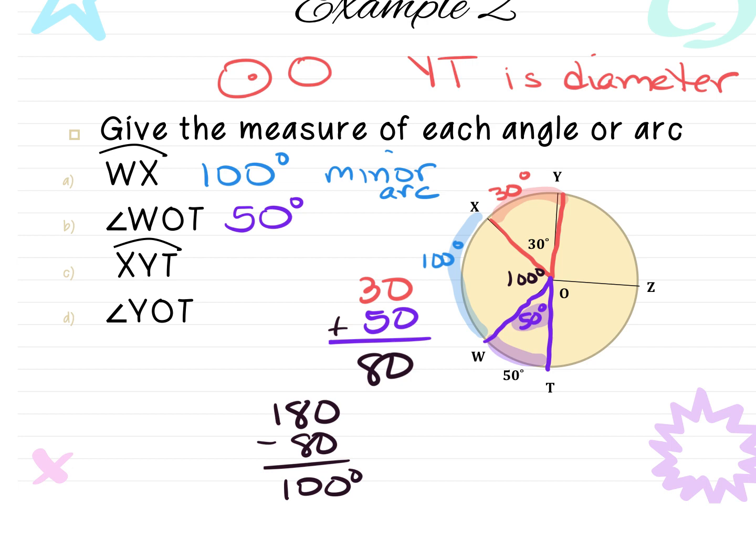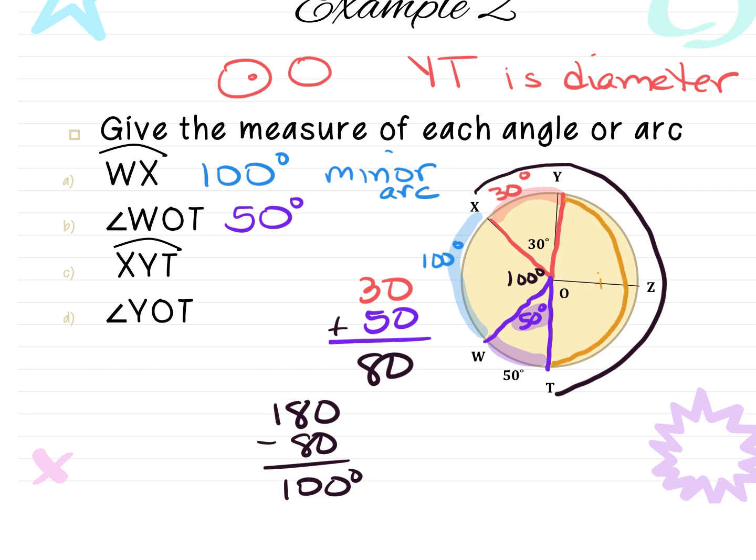Now let's find XYT. So we're going to go in order. We start at X, then we're going to go to Y, and then around to the T. And notice it's more than half of the circle. So this is a major arc. And the way that I'm going to find that is if you recognize that right here is a semicircle arc.